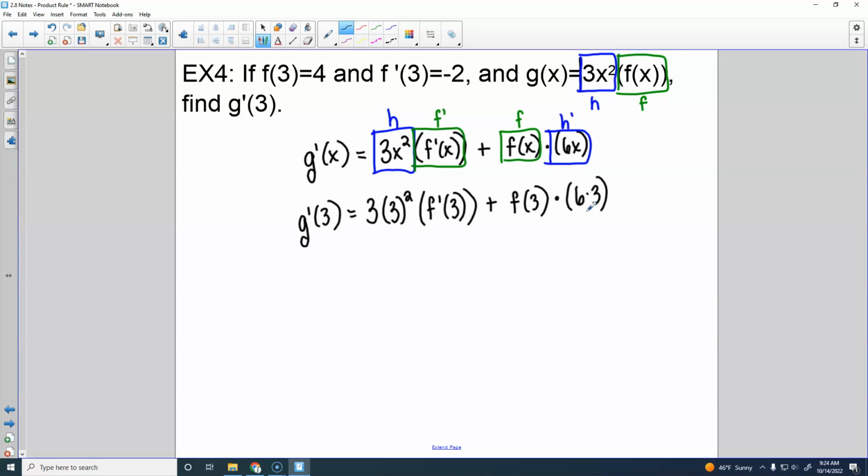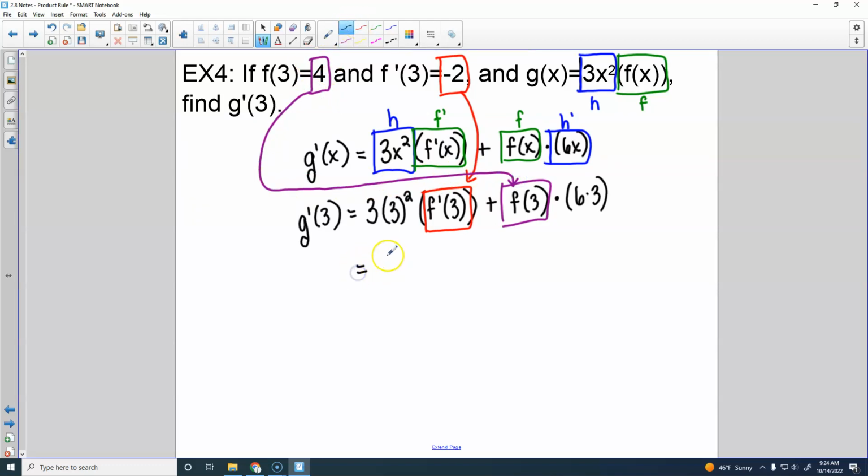Now, fortunately, they have given us the information that we need here because f prime of 3 is given right here. F prime of 3 equals -2. So we can put that right here. And they also gave us f of 3. F of 3 equals 4.